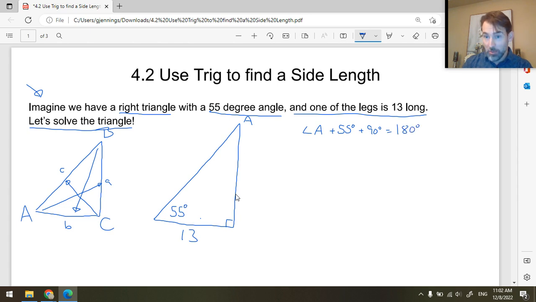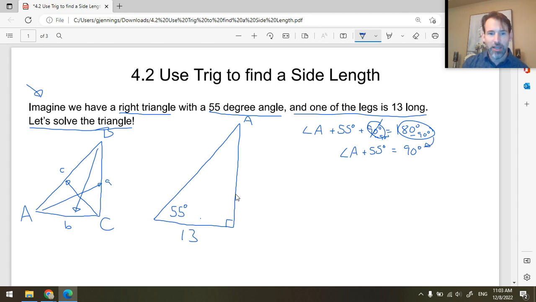All three angles add up to 180 because they're inside a triangle. And then we can subtract 90 from both sides. So that's going to be A plus 55 degrees equal to 90 degrees, because 90 minus 90 over there is 0, and 180 minus 90 over there is 90.